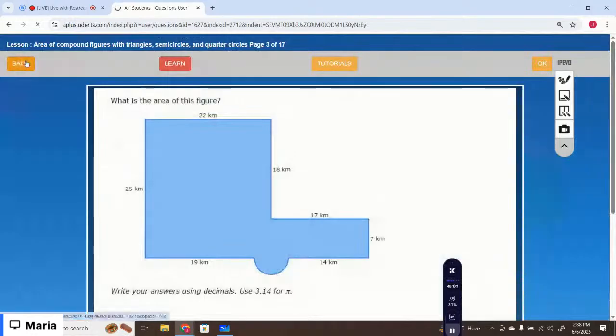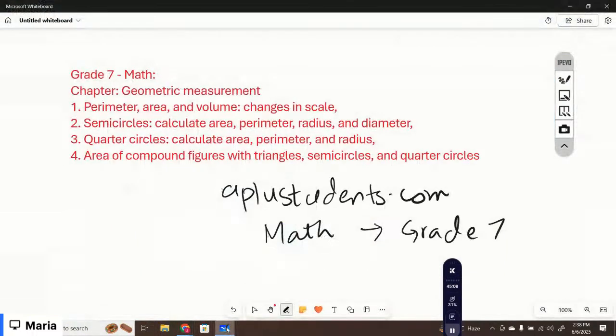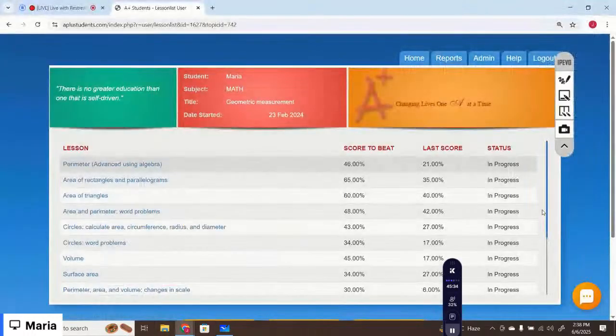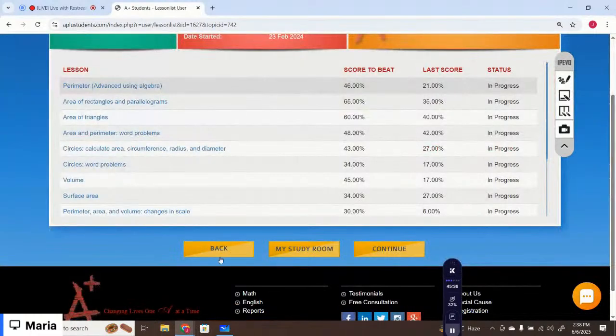The lessons we have covered today are perimeter, area and volume change in scale, semicircles calculate area, perimeter and radius, quarter circles calculate area, perimeter and radius, and area of compound figures with triangles, semicircles and quarter circles. Please make sure before the next session you complete all the practice questions of the lessons we just did. That is your homework until the next session.